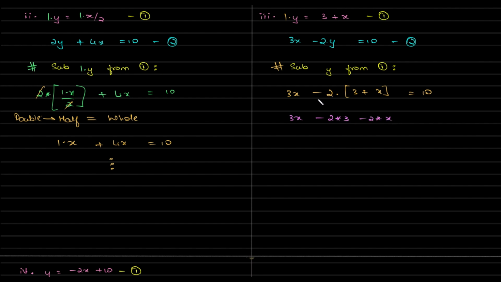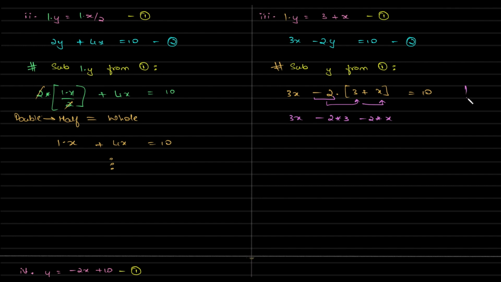This is very important. We have to multiply minus of a number or expression with an equivalent value. We have to multiply minus 2 with all the elements inside the brackets, with all the terms. You cannot miss the negative sign.